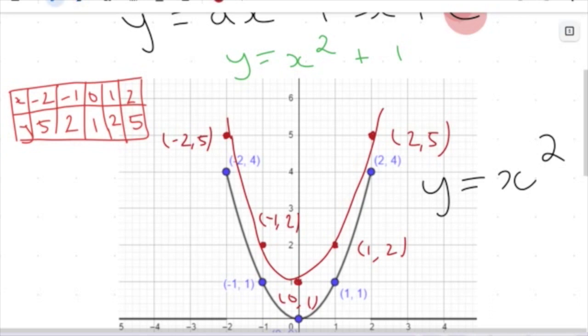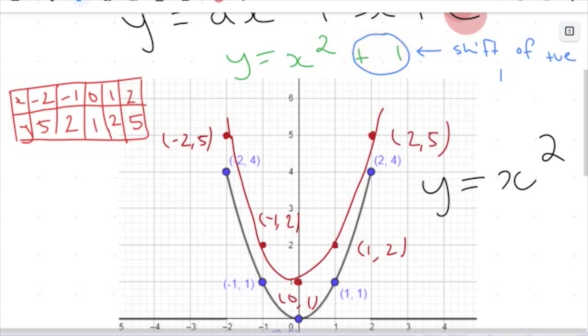We can see from the equation of our parabola that this represents a shift of +1. So that's what this +1 means: we are going up by 1 unit.